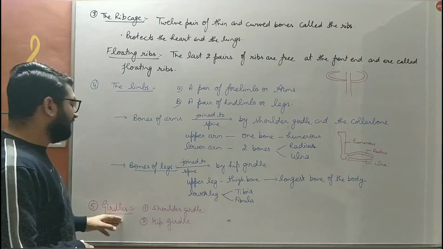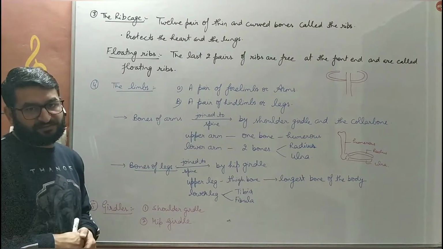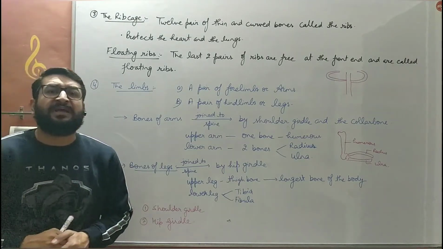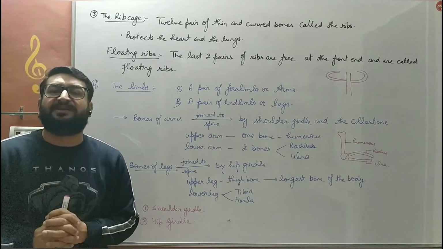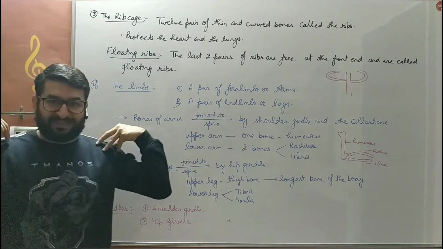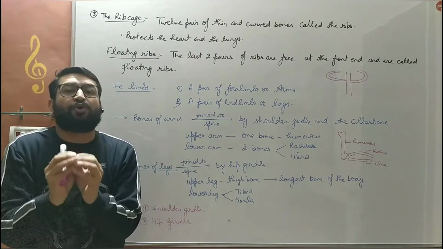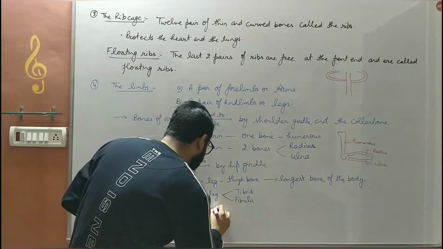Next, the last part is girdles. There are two girdles present in human beings. One is the upper girdle present in the shoulder region, this girdle here, that is known as pectoral girdle or shoulder girdle.